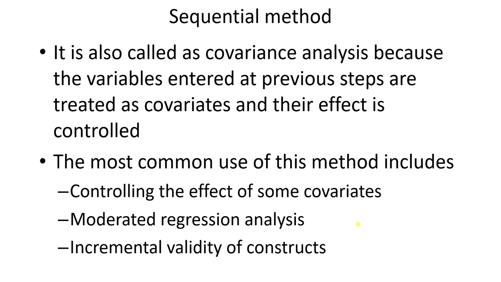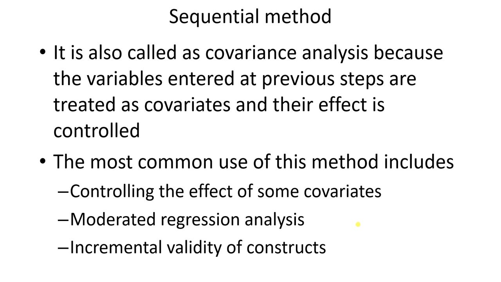So if we want to examine the moderating effect of social support in the stress-health relationship, then we can do this using the sequential method. In the first step, we will enter stress and social support as predictors. And in the second step, we will create a new variable that will be the product of stress and social support, that is equivalent to the interaction of stress and social support.